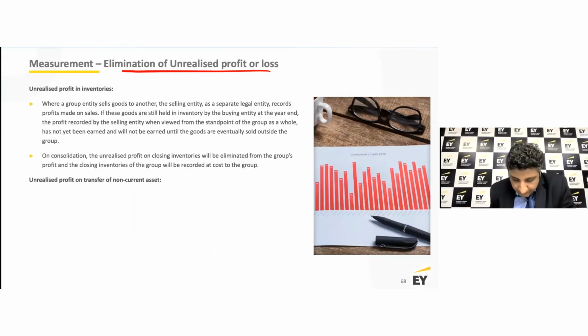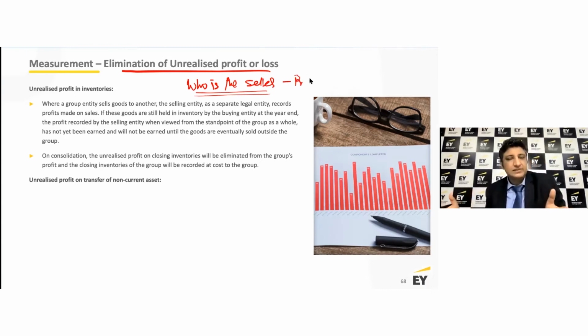What you need to remember here is always to remember who the seller is. The seller would have the profit or loss in his statement of profit or loss in his accounts. And of course, the other party will be the buyer.